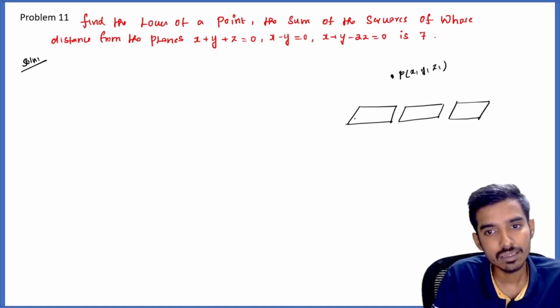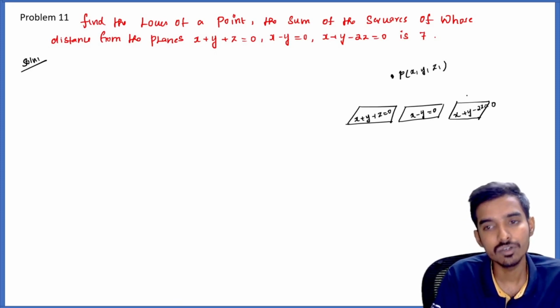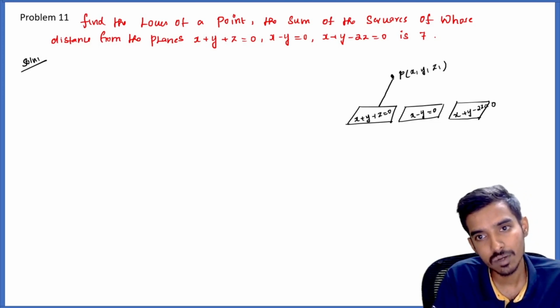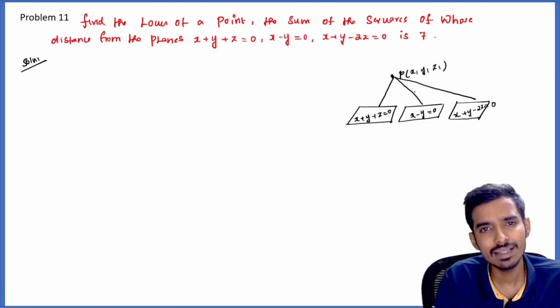We have three planes: x plus y plus z is equal to 0, x minus y is equal to 0, x plus y minus 2z is equal to 0, right? To find the locus of a point P such that the sum of the squares of whose distance from the planes to that point. So let this be the distance from this plane to that point, this plane to that point, this plane to that point, right? Let all these be perpendicular distances. Just for understanding, I'm drawing this.